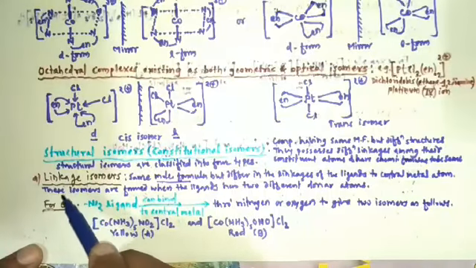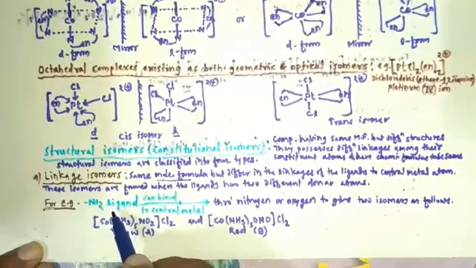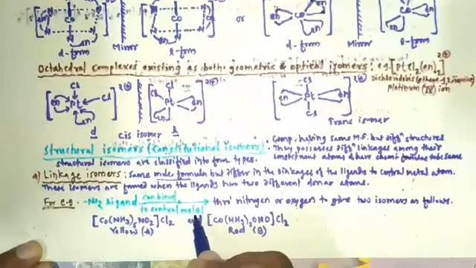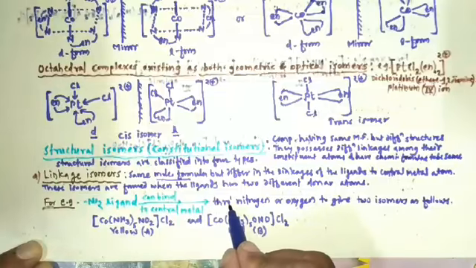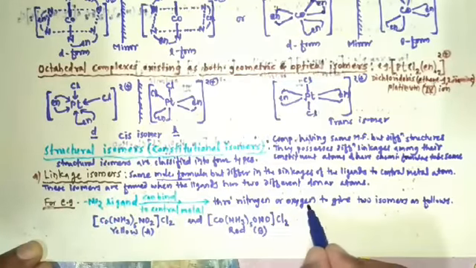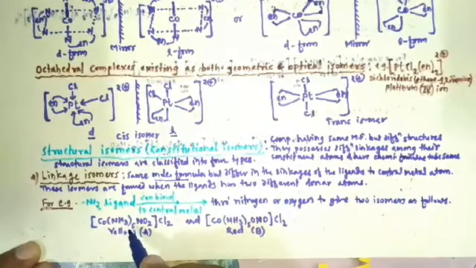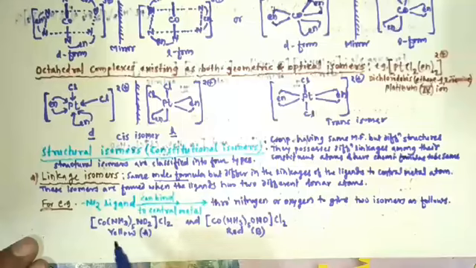So we are studying the example. The NO2 ligand can bind to the central metal atom or ion through nitrogen or oxygen to give two isomers as follows. These are the two isomers. Here complex A has yellow color.